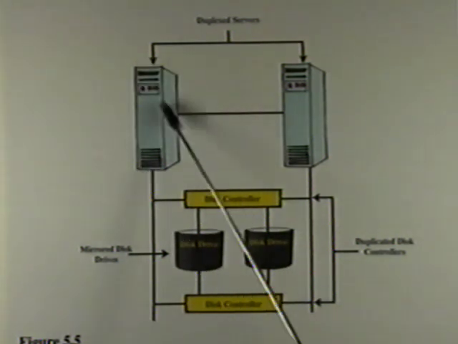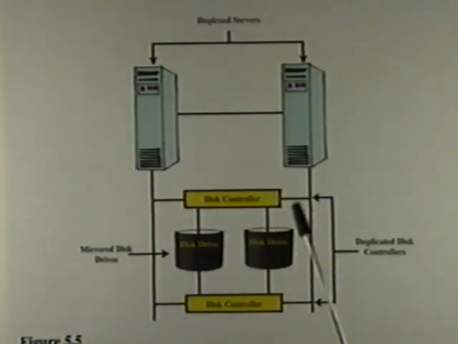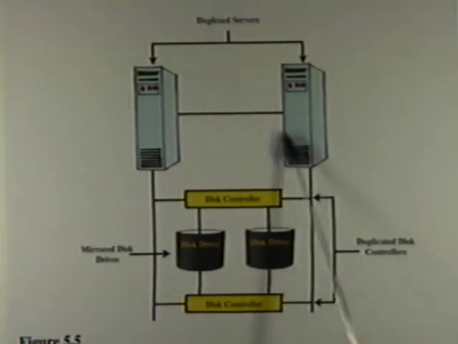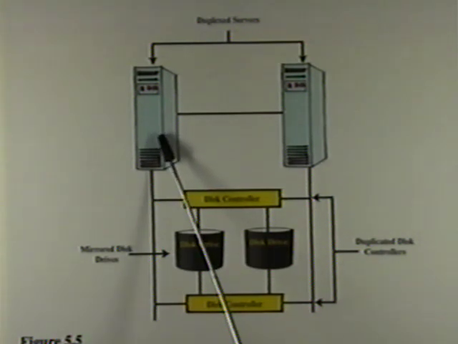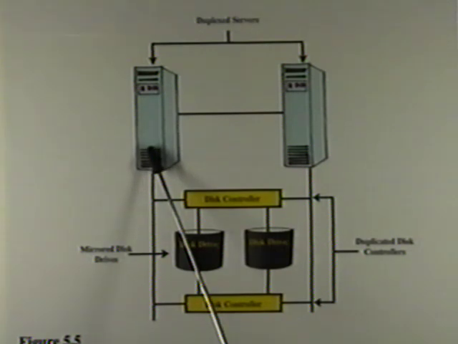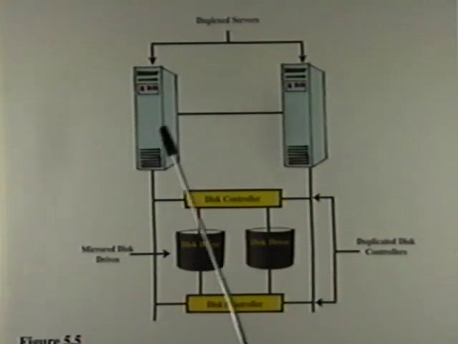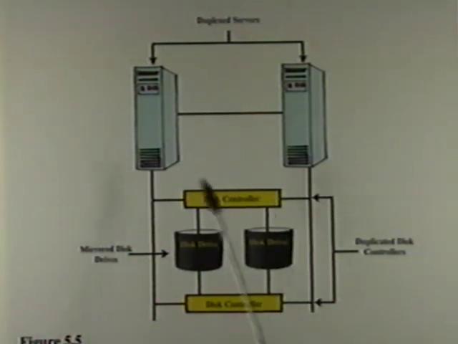And then the other server is also taking data using the other disk controller and again writing to both disks. So the whole idea here is that if one of the servers fail, then we still have another server that is up and running and is able to take over the responsibilities of the file server and accomplish all the same tasks that the users are going to require.